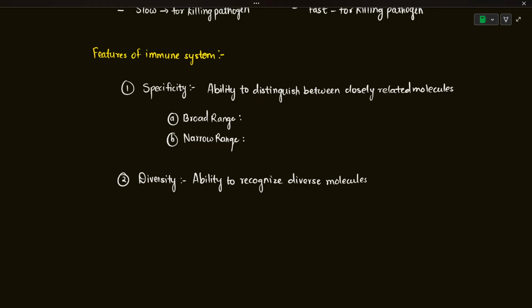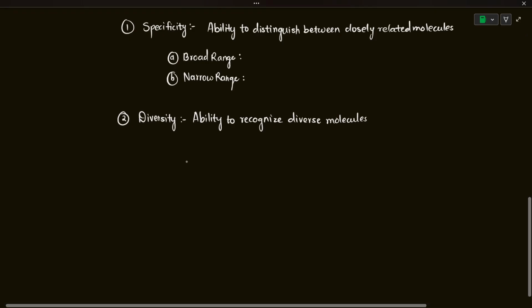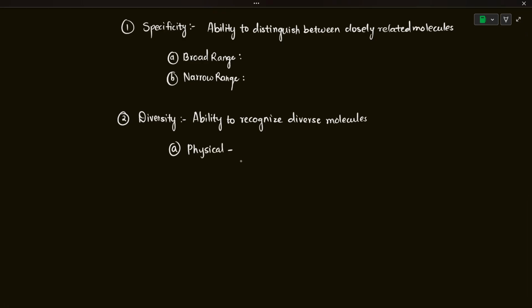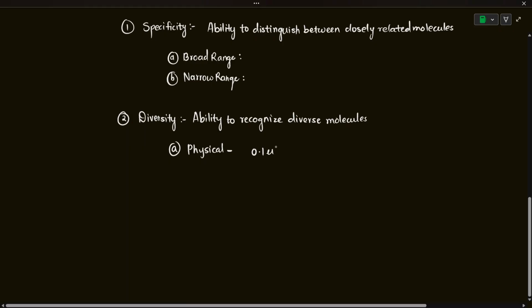Okay, so diversity is also of different types. First is physical diversity. Physical diversity means that the size of the molecules or pathogens that are recognized by our immune system varies. It literally goes from a few micrometers to a few meters, like 8 meters.